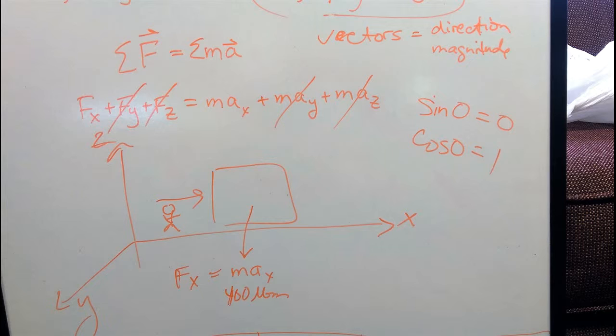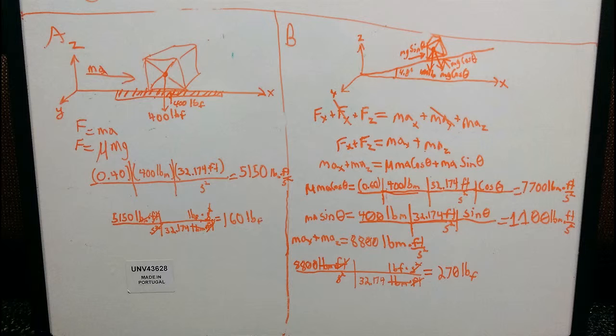And now our normal force is going to be pointing up in the opposite direction, giving us mg cosine theta, which is our Fz. So it's mg cosine theta times the coefficient of friction plus ma sine theta, because that's the force we need to calculate to push that box.